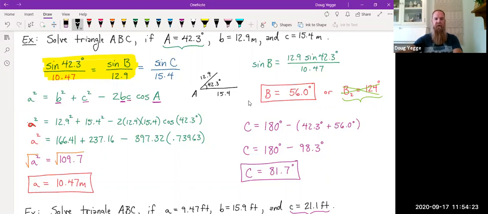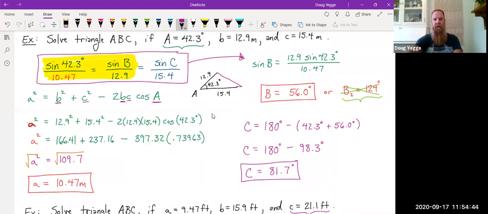So notice that since we're missing this opposite side over here, then we must have side angle side, and that's why we had to use the law of cosines. So notice that once we used the law of cosines, we could then go back to use the law of sines in order to find the rest.